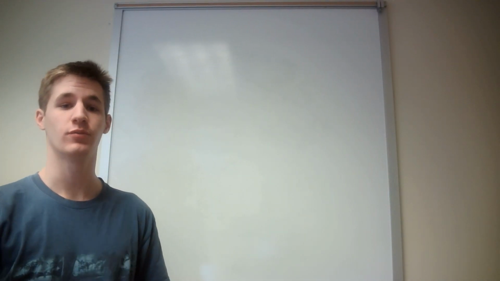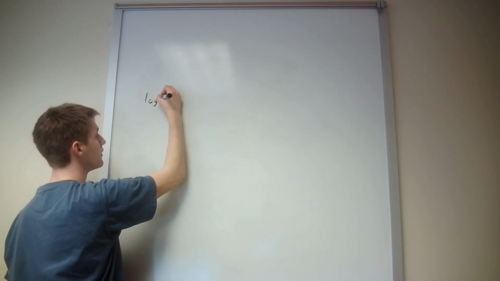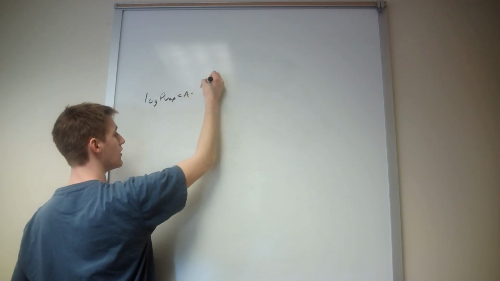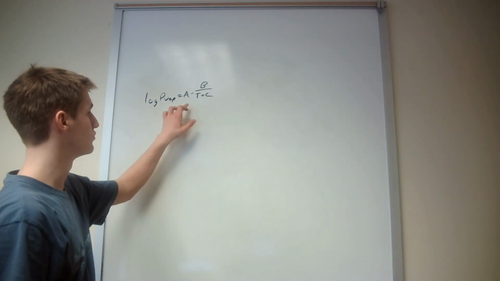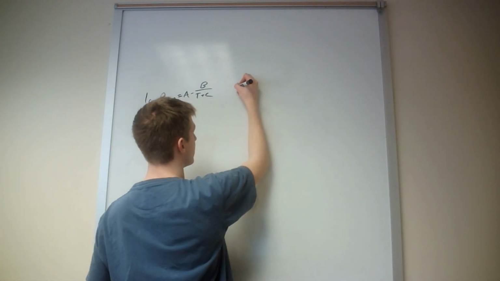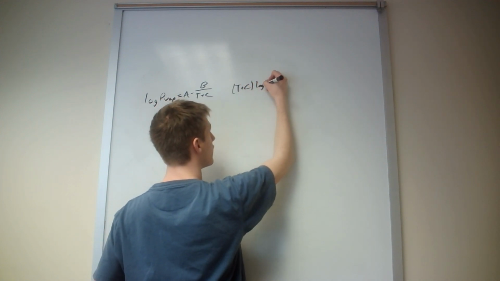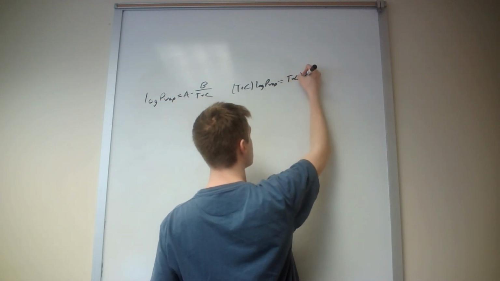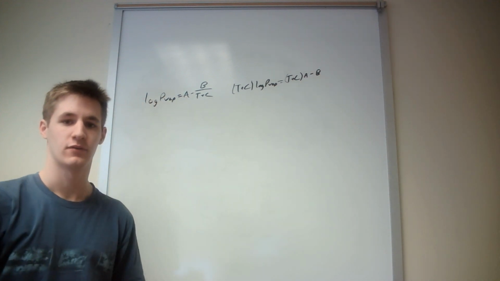Now on to part 2. We have our Antoine equation, the log of vapor pressure equals A minus B over T plus C. Right, and to linearize this, we will multiply both sides by T plus C. So we have T plus C times the log of vapor pressure equals T plus C times A minus B. Right.